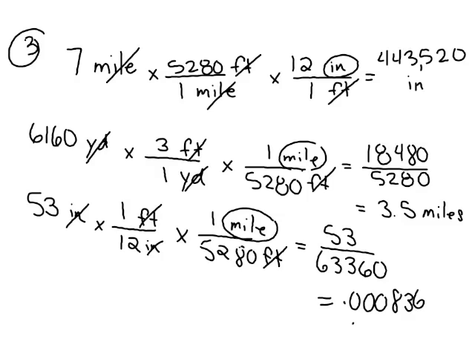Tens, hundreds, thousands? 10,000. So about 8 ten-thousandths of a mile. So these are kind of ridiculous examples, which you'd never need, but it's demonstrating the technique for how you would do the conversion. It took about 3 steps.